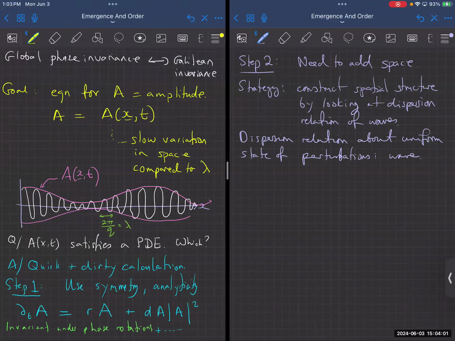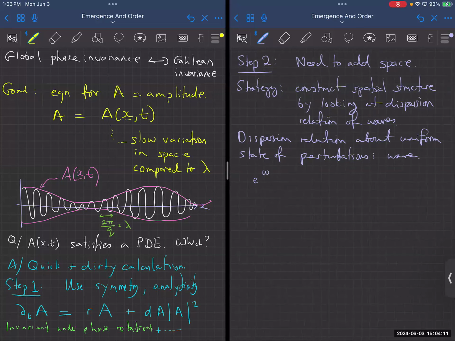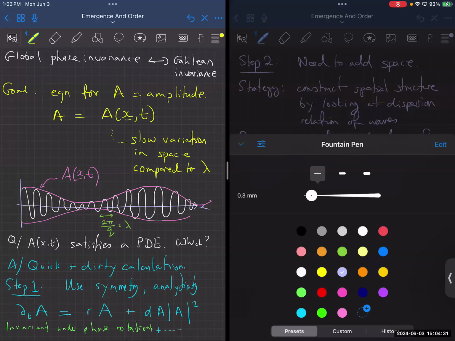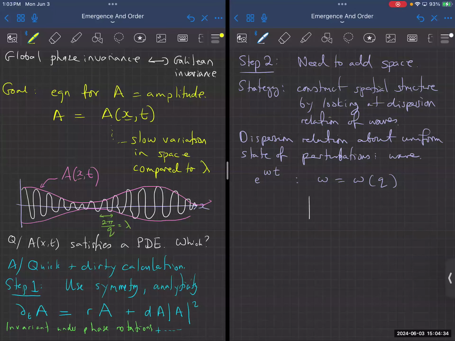So if I look at a Fourier component of a wave, let's just think what it must look like. So we're going to look at a perturbation to the original equation, it's going to go like e to the omega t. So this omega is going to be a function of wave number q. So what is it going to look like? So let's just have a look then at what the dispersion relation is, just to remind you of something that we plotted last time.